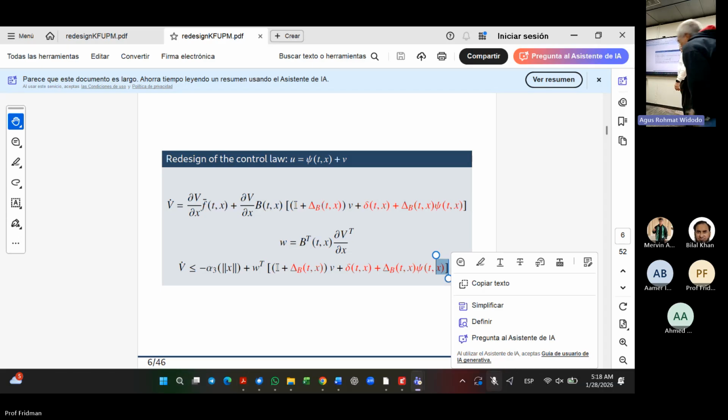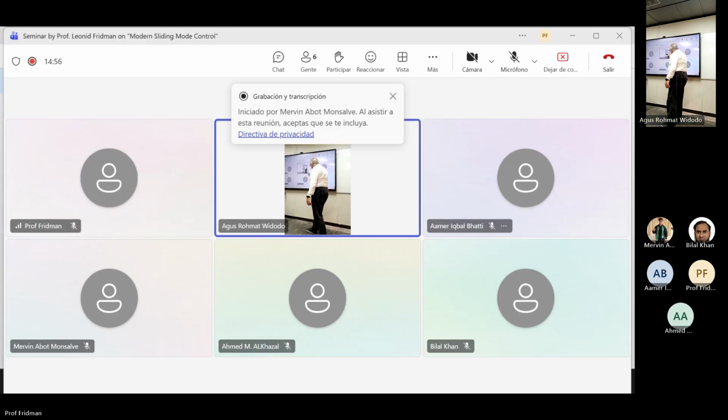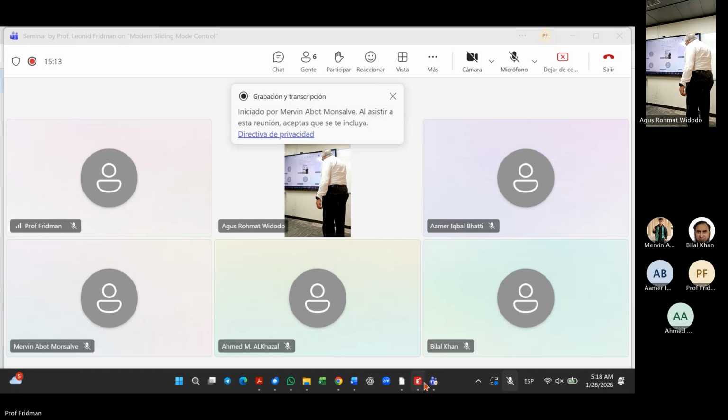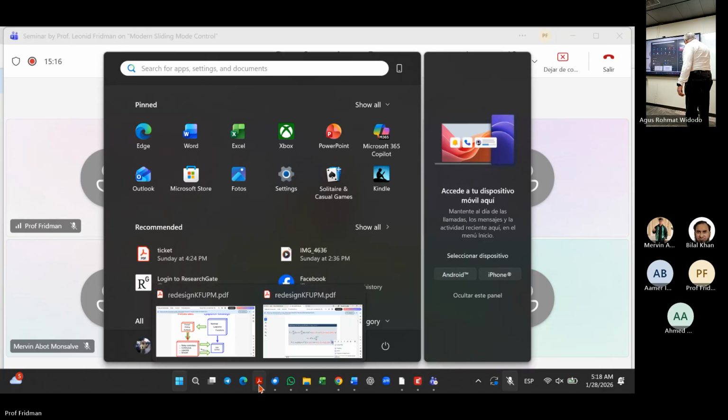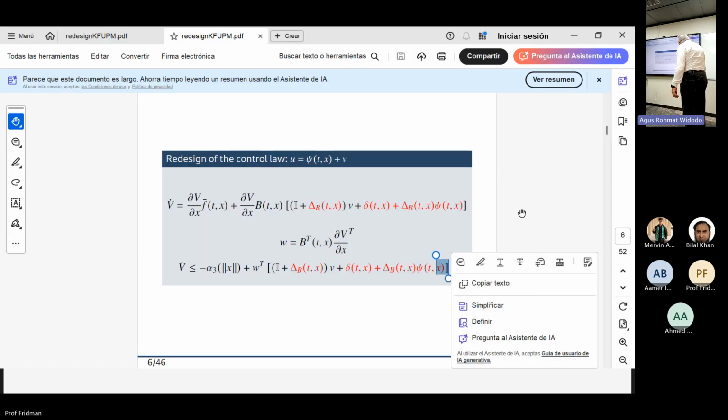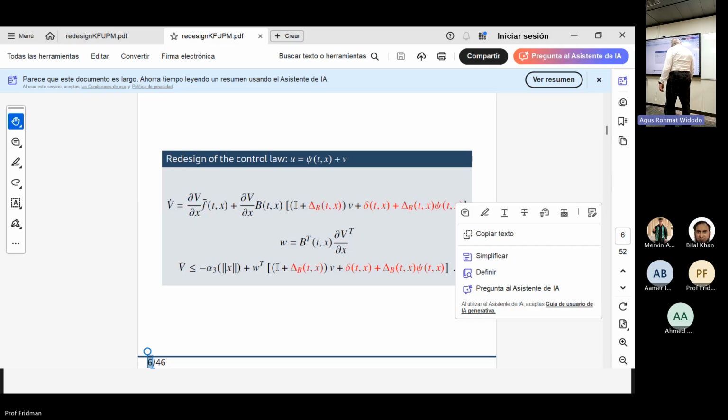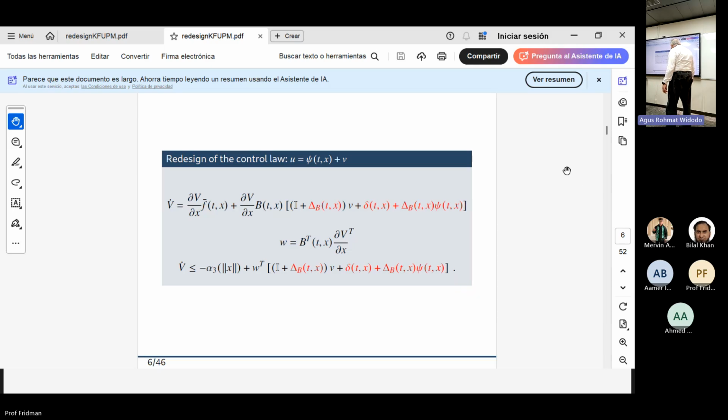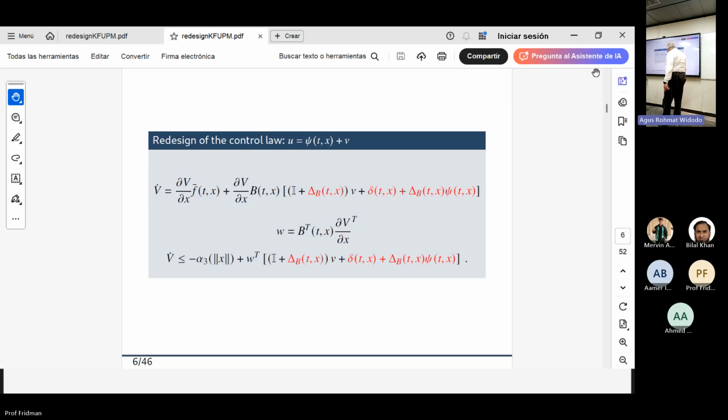So what they've done, they told, okay, guys, if it will be so, this means that the sign of this should be opposite to the sign of omega.